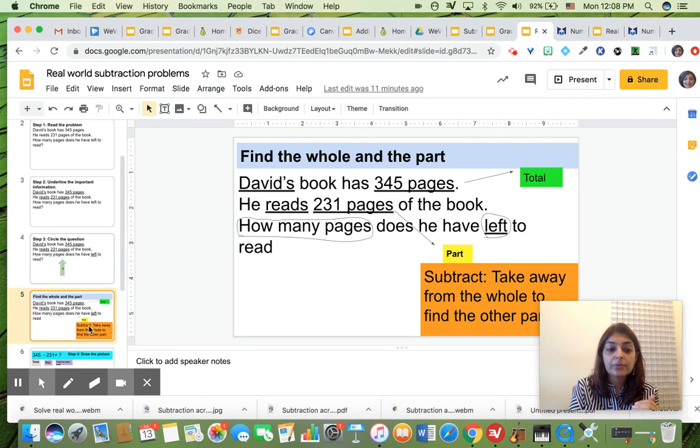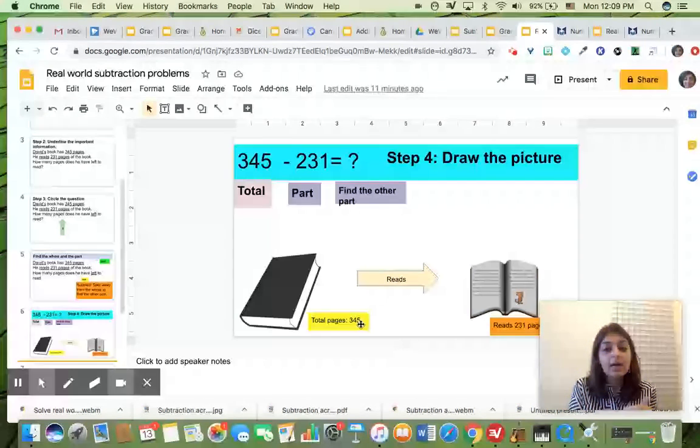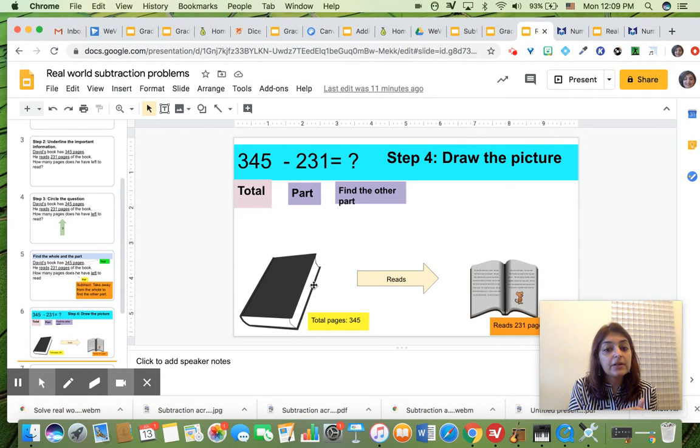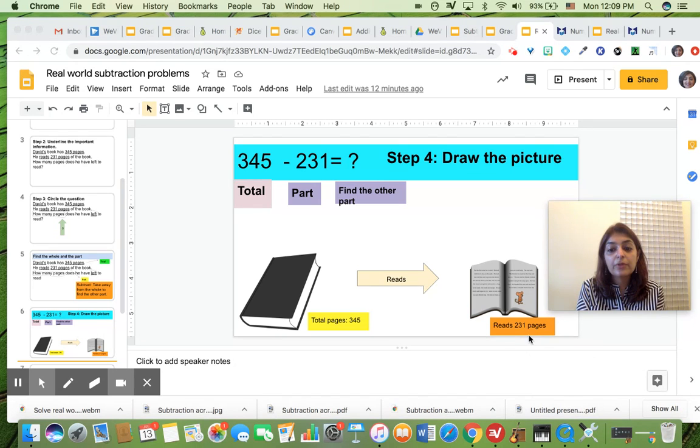Now we can move on to the next step, that is draw the picture. So this is the book, and I have written that in this book the total number of pages is 345. And David has already read 231 pages.